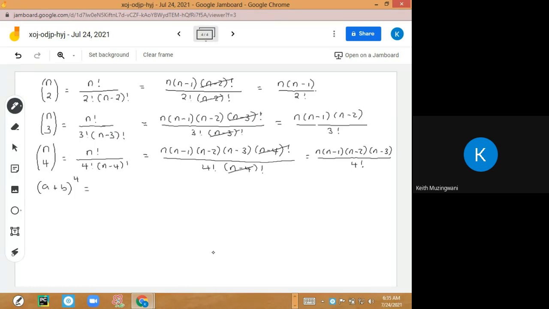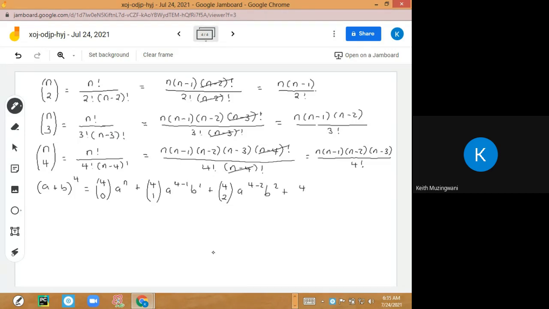So it will be 4 choose 0 a power n. It will be 4 choose 1 a power 4 minus 1 b power 1, plus 4 choose 2 a power 4 minus 2 b power 2.